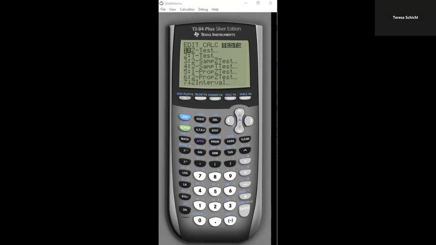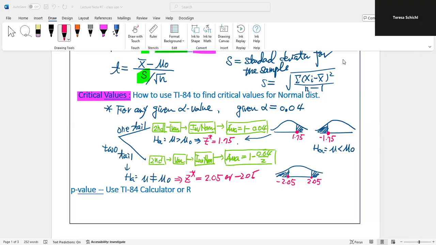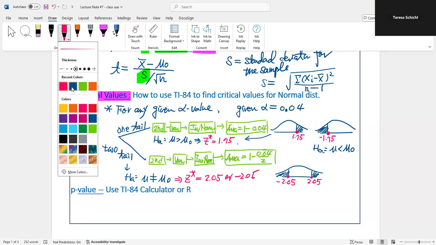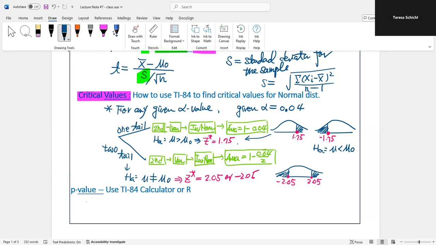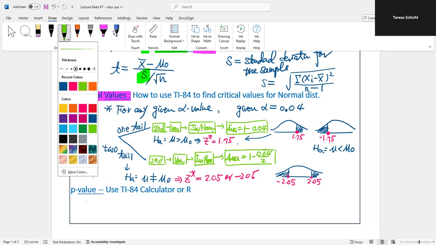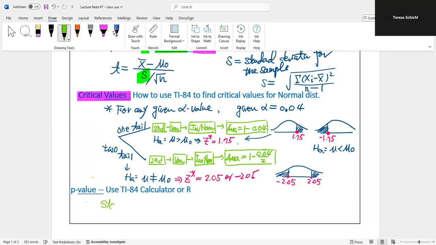All right, so a while ago we saw the calculator. So how to use the TI calculator? Which key do we use here? All right, so first one we use the stat. Now under the stat, we want to choose the test, right?